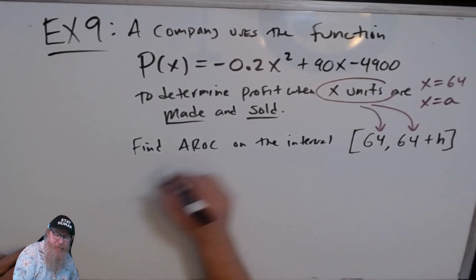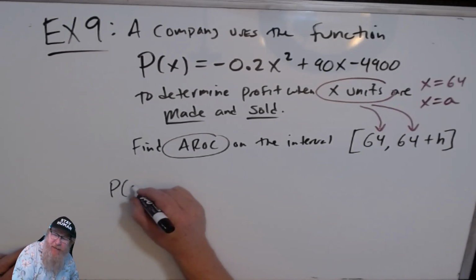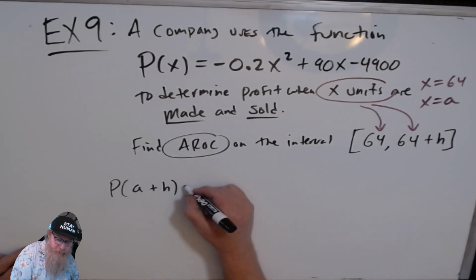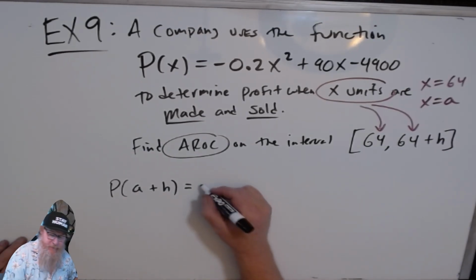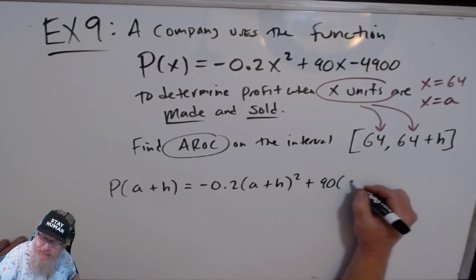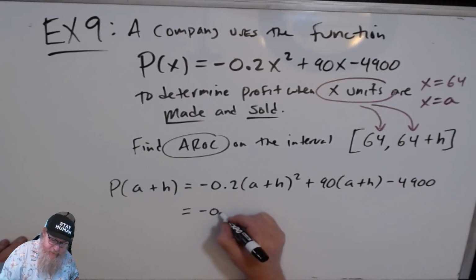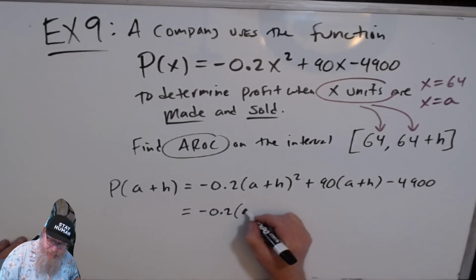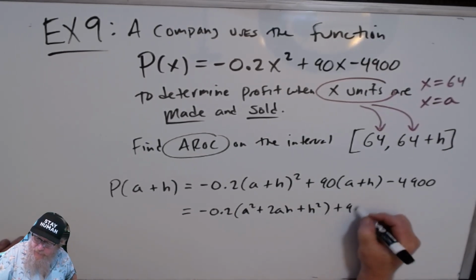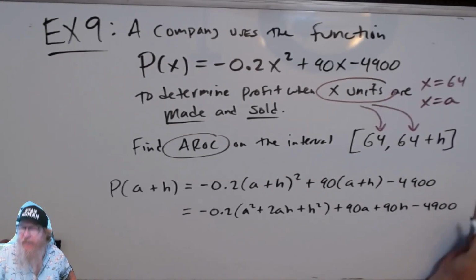So we've got, now we're just going back to AROC really quickly here. So P of A plus H, that's negative 0.2 A plus H squared plus 90 A plus H minus 4,900. Negative 0.2 a squared plus 2ah plus h squared plus 90a plus 90h minus 4,900.